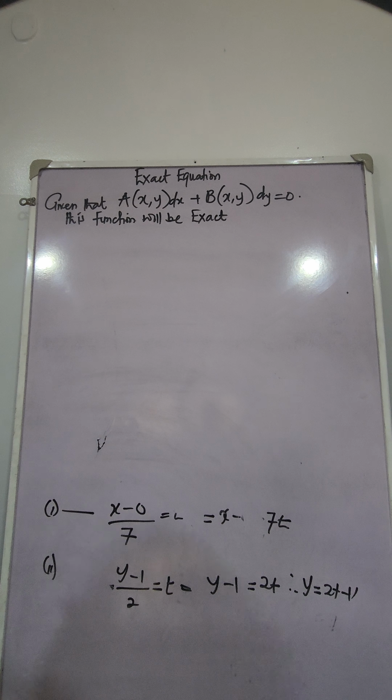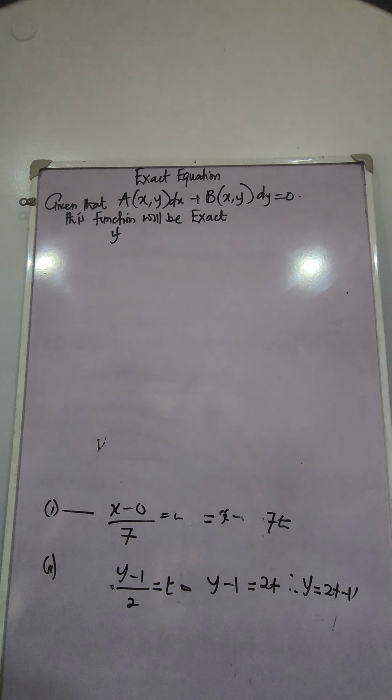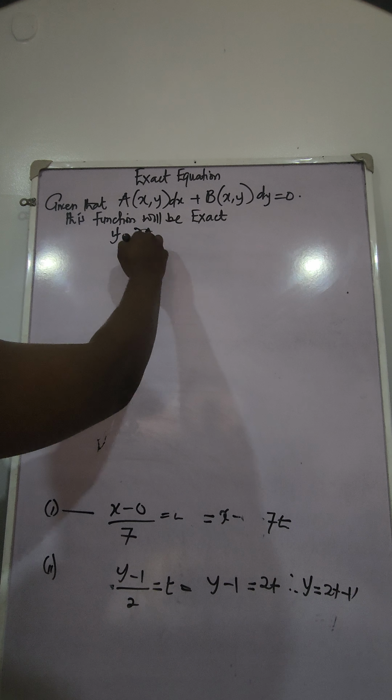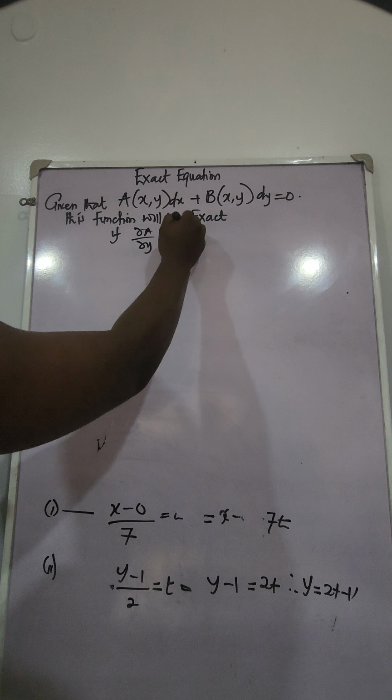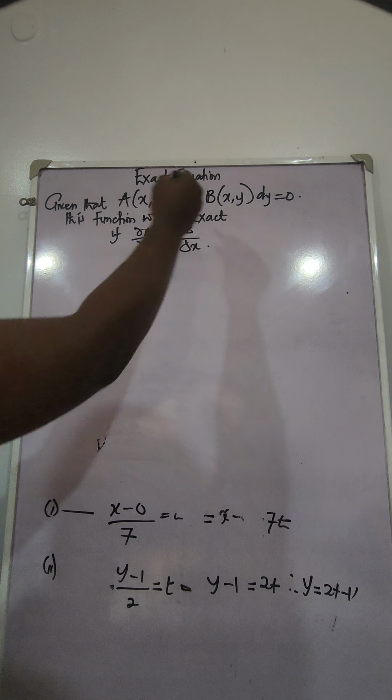This function will be exact if, now in your CBT exam, sometimes they will ask you, when is a function exact? Or which of these describe an exact function? So you say something like, when dA/dy is equal to dB/dx.